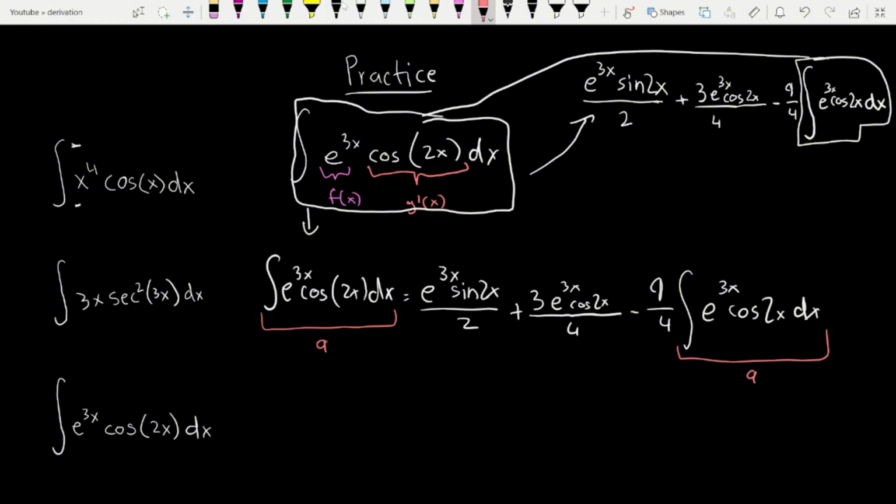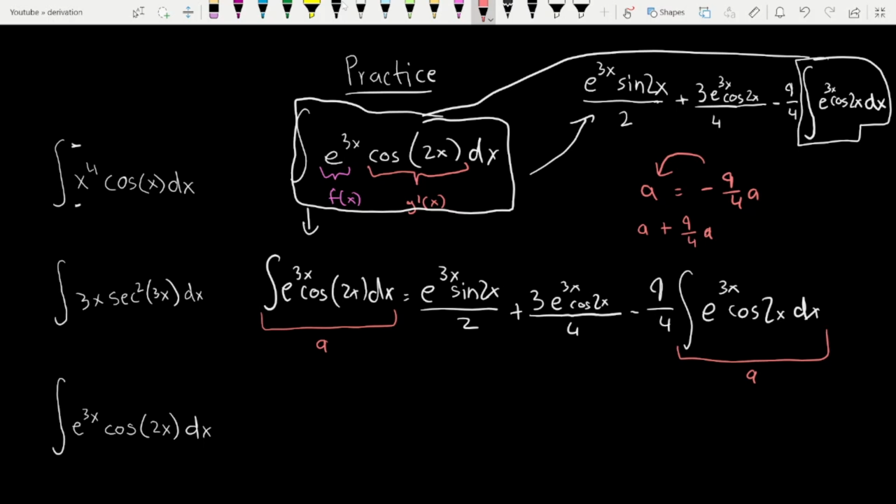If I give it some algebraic variable, let's say I call this thing a, then I can actually take the a to the other side of the equation. So what's going to happen? If you have an a over here and a minus 9 by 4a on the other side, and you take it to the other side, you're going to get a plus 9 by 4a.